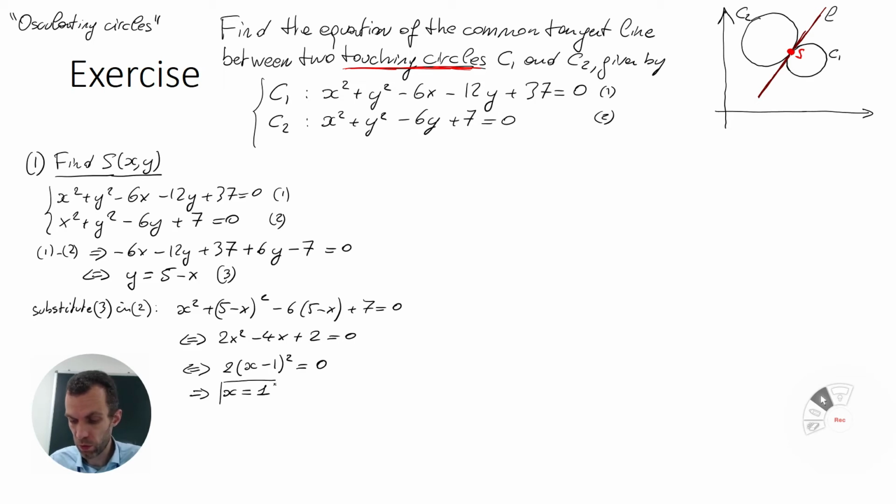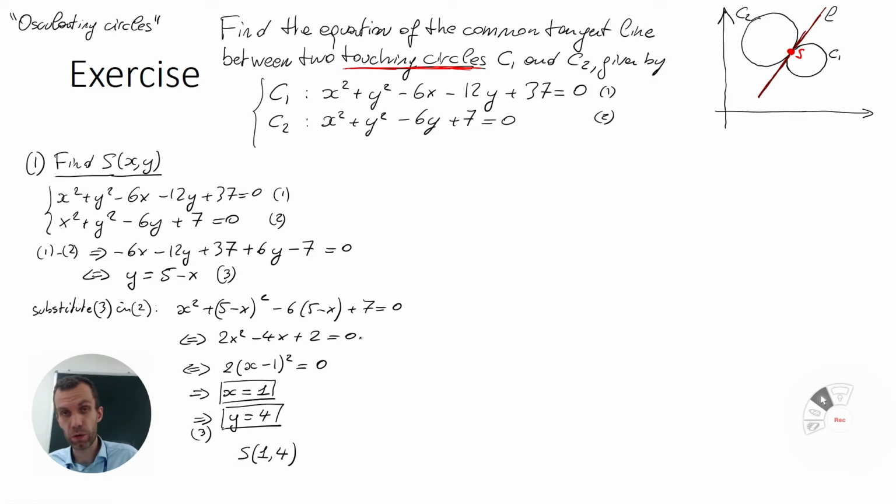So you can do it either way, solve the quadratic equation or see this product, but you should find x is equal to 1. And from x is equal to 1, we also know from our equation 3 that y is equal to 4. So that tells us that our point S has coordinates 1, 4.